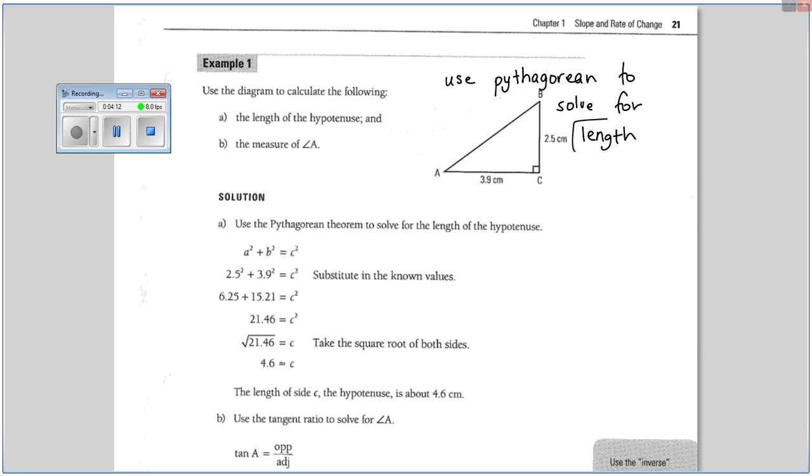And please put a box around length. Sometimes kids will get confused about when to use the Pythagorean theorem. Whenever it says how long or what is the distance, that's when you use Pythagorean theorem. Solve for length.